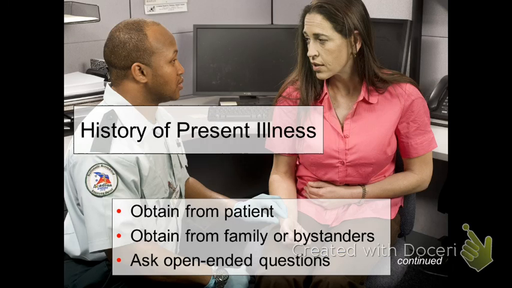So we look at what the present illness is. A conscious patient, we're fortunate enough perhaps to get this information from the patient. If not, then family members and bystanders, maybe we can get some information from them. This says ask open-ended questions, but I disagree with that. I always try to ask closed-ended questions.